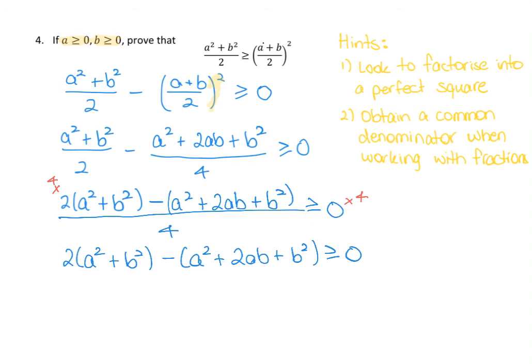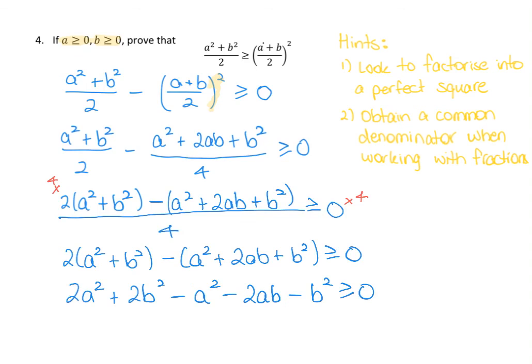Okay, so we're still looking to be able to bring this thing down to something that will factorize into a perfect square. So let's expand the expression in front of us and this negative value to see what we have.